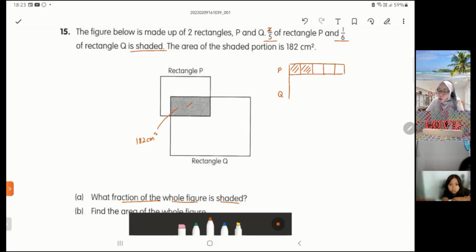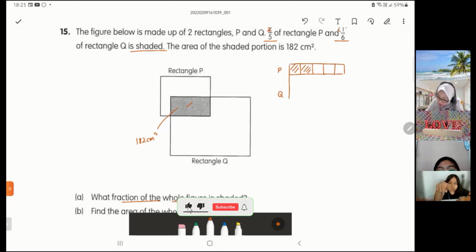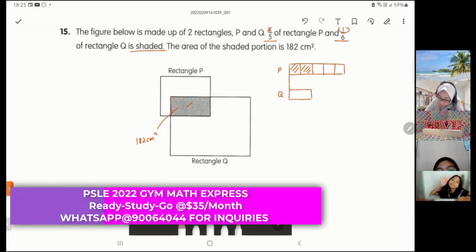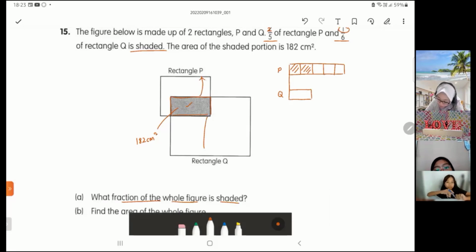These two parts of P are equal to 1 part of Q, right? Because you see, 2 parts is shaded and then 1 part is the same. Why do I say it's the same? Because the overlap part is shared between P and Q. The shaded part is the same. It's shared between them.